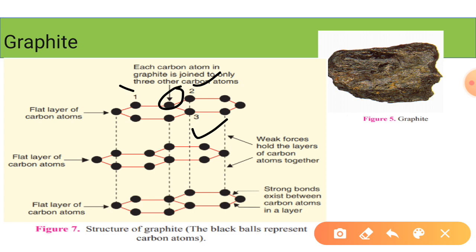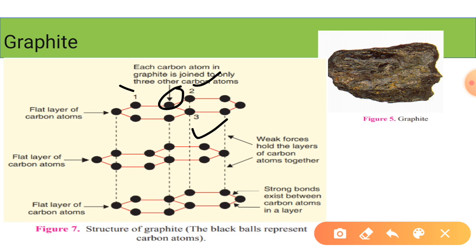So each carbon atom is connected with three. But carbon has valency 4. So when it combines with just three carbon atoms, one electron remains unpaired. You can even say unshared. Because of this one extra free electron, graphite is capable of conducting electricity.